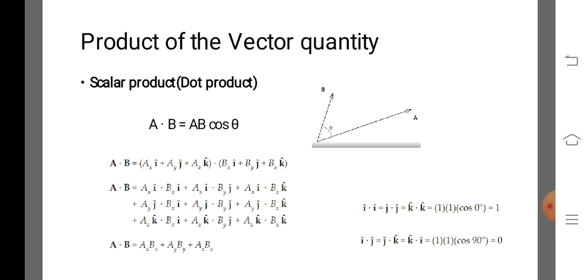Both equations can be substituted for A dot B. So A dot B equals, those two vectors are placed here.